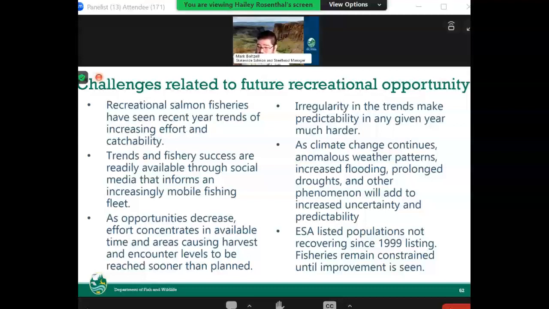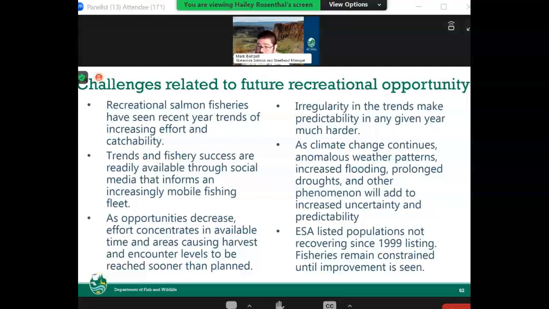And I think really the biggest take-home message here for everybody is as frustrating as fisheries closures and restrictive management is, these are listed populations. They have been listed since 1999, and we are not making meaningful recovery. Fisheries will continue to be limited until we start to see improvement in these areas.